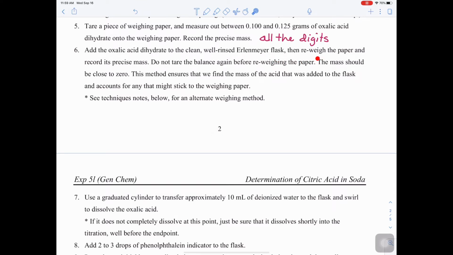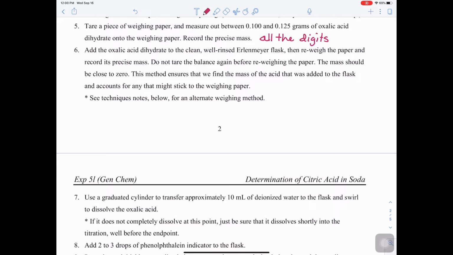And then we're going to put the paper right back on the balance and record the mass of the paper again. Now, if all of the oxalic acid got into the flask, then the mass of the paper will show as 0. If some of the oxalic acid dihydrate stuck to the paper, then the mass will not be 0. And that's what we're looking for, because sometimes these acids are a little bit sticky and we don't always get all of it into the flask.